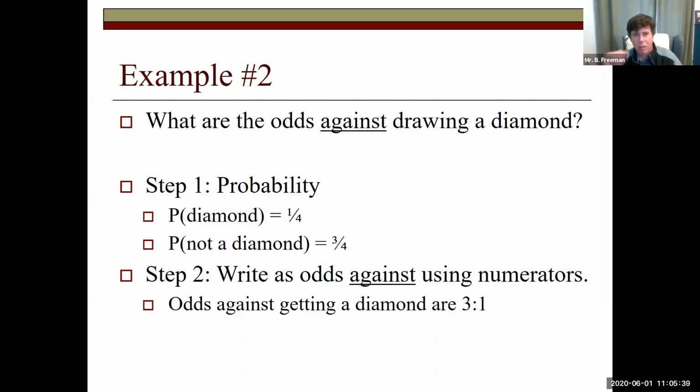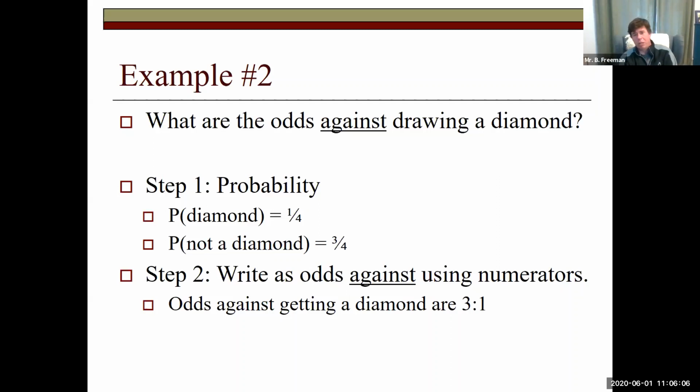So step one, probability. Probability of a diamond is 13 diamonds divided by 52 cards, but we can reduce that down to a quarter because a quarter of the deck of cards are diamonds. So probability of a diamond is 1/4, which means the probability of not a diamond, which is really just the probability of hearts, clubs, or spades, is 3/4.